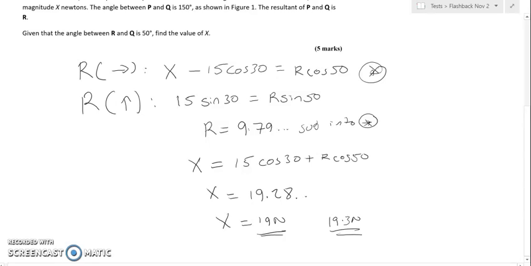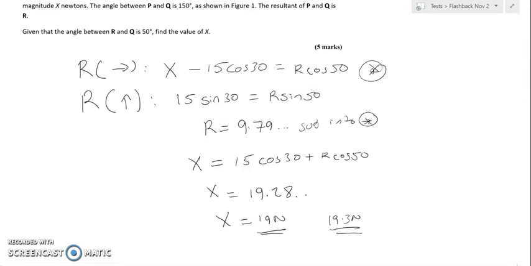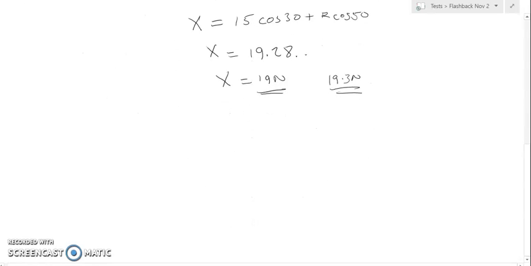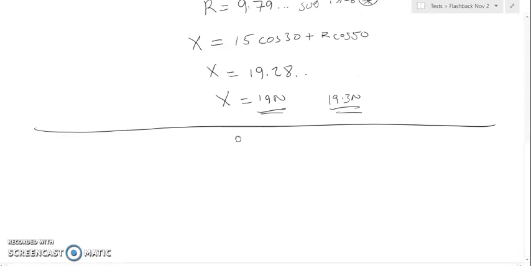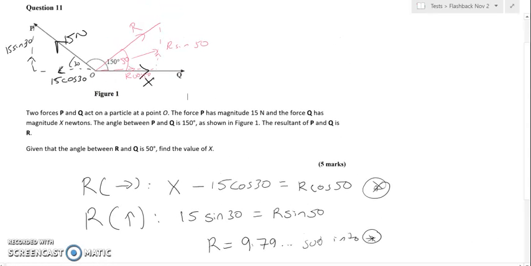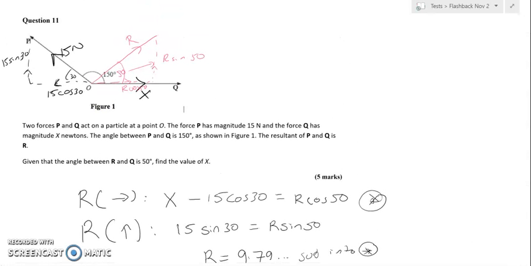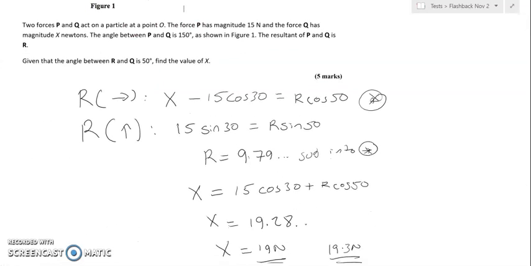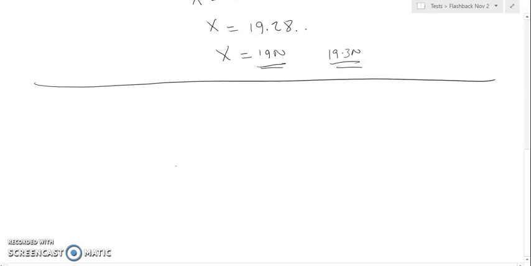As I mentioned at the start, there are two ways of doing this question. If you want to do it the other way, this involves triangular forces, and I generally don't do triangular forces, but in this question it's not too bad. So triangular forces, how it works is that you make a triangle of forces. It doesn't always have to be a triangle, but there's only three forces in this question.